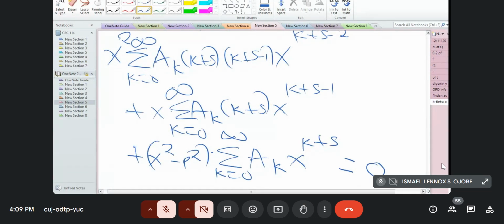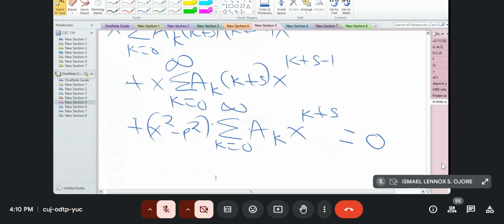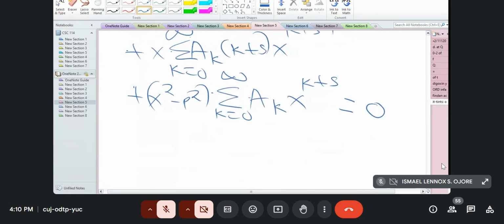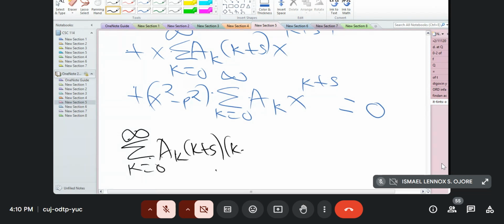So we can simplify this. From the first term, x squared summation, if you combine the x's together, what do you have? From the first term, what do we have? Combine x squared. Go on. a_k, k plus s, k plus s minus 1, and then x to the k plus s.